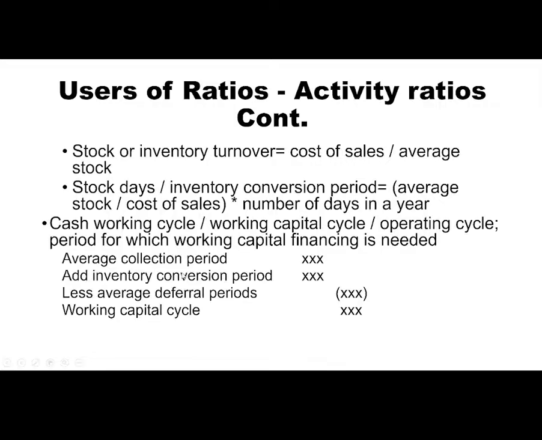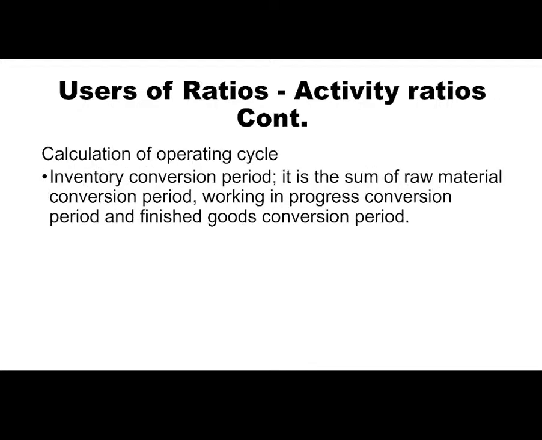You add the inventory conversion period. Then you less the average deferral period to get the working capital cycle. So that is the format. Then we also have the calculation of the operating cycle. So you have to know how to calculate the operating cycle.